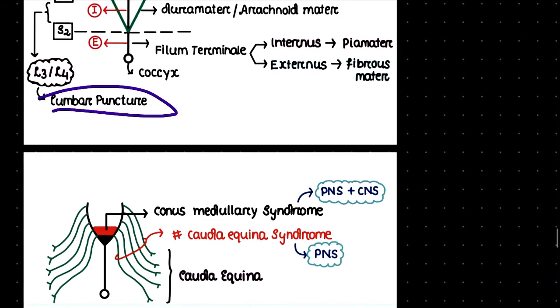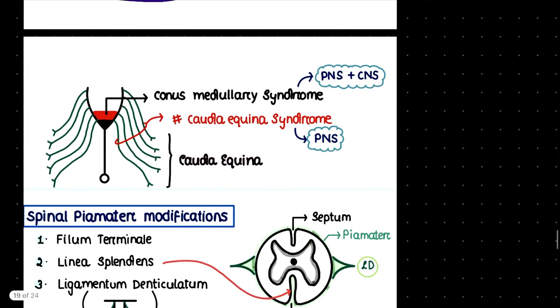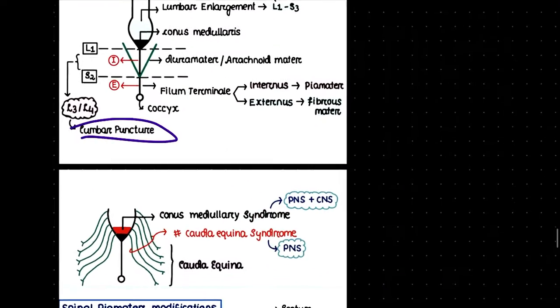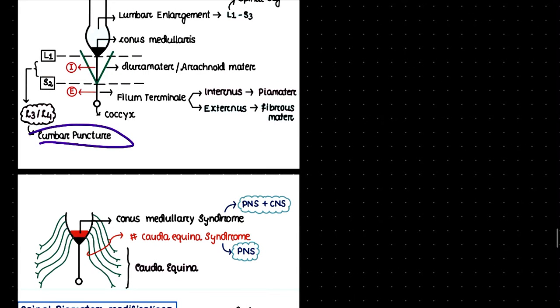Now moving further down, the thing that we need to discuss here is the cauda equina. As we have already mentioned, our spinal cord and vertebral column don't go parallel all the way down, because there is upward shift of the cord during development. So one thing we need to know here is that there are roots of nerves that arise below our L2 level, but they do not leave the vertebral column at the same level.